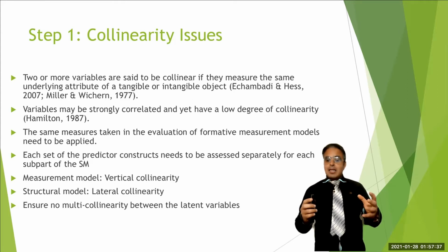Usually we have 2 types of collinearity. In the measurement model, we check for vertical collinearity. I'll give you an example in a bit. In the structural model, we check for lateral or horizontal collinearity. We have to ensure that we have no collinearity, or at least that we meet the acceptable threshold of collinearity, before we proceed with step number 2.